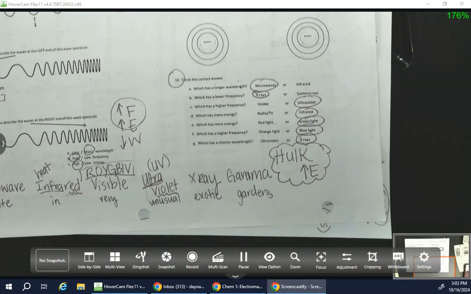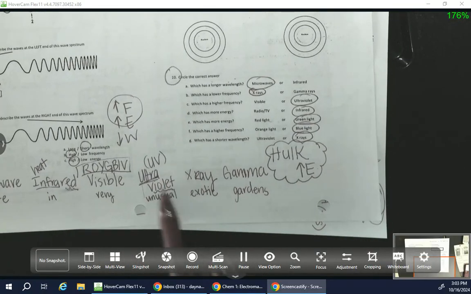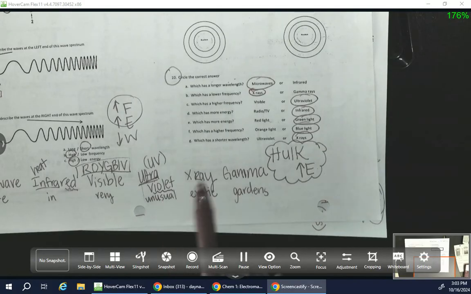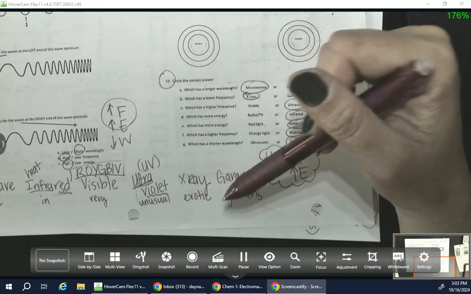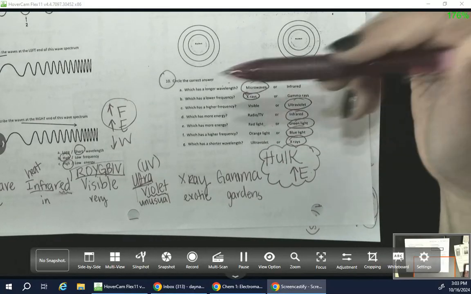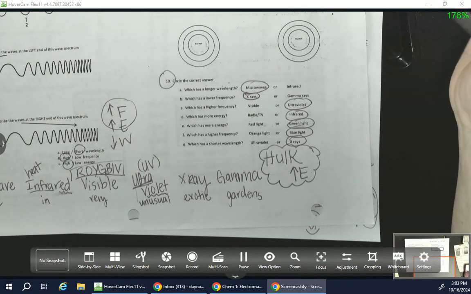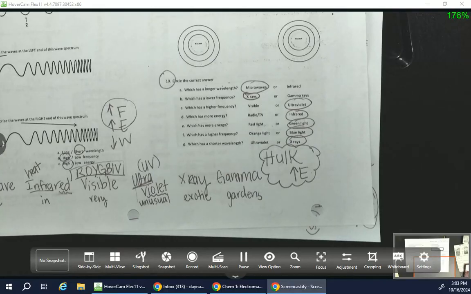We said after visible, so we're going to the higher energy side. You have to wear sunscreen for UV light. You have to wear a lead vest when you get an X-ray of your foot, because they don't want the rest of your body exposed to that wave. And gamma usually isn't exposed to people, unless you're doing that kind of science. Do you guys have any questions on the electromagnetic spectrum and those couple facts?